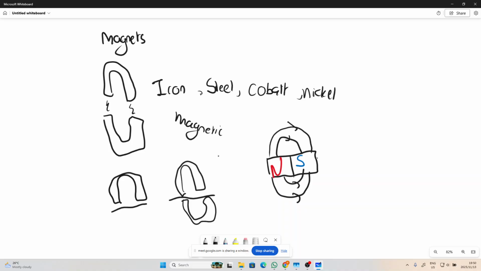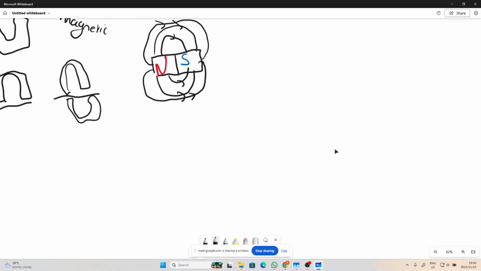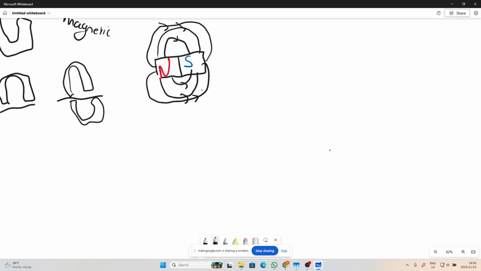They never cross over. They always go from north to south. Simple concept. That's how they attract. So let's say I have a metal ball here. This will be attracted to the magnet, but if I have one here, it's outside of the field. It won't be attracted towards the magnet.